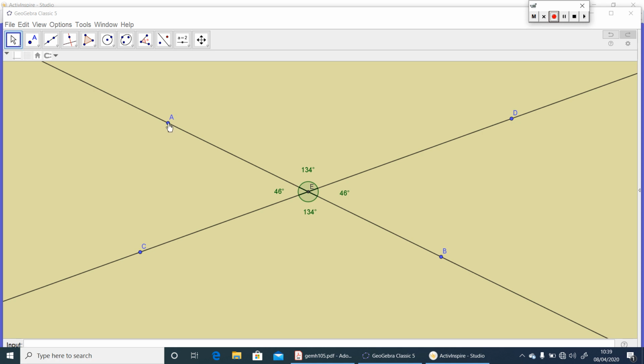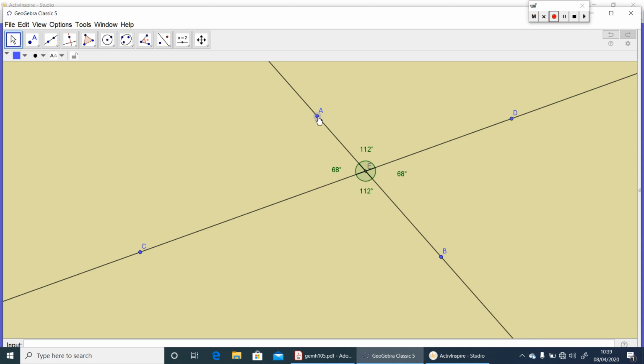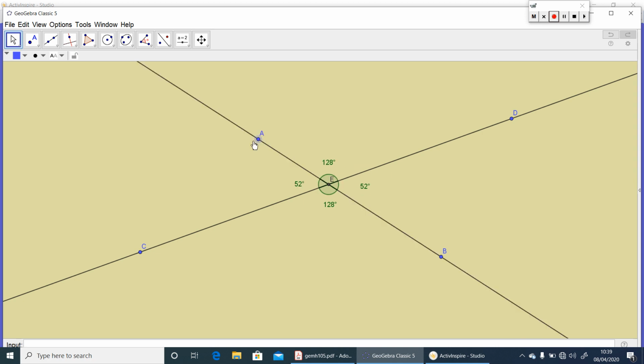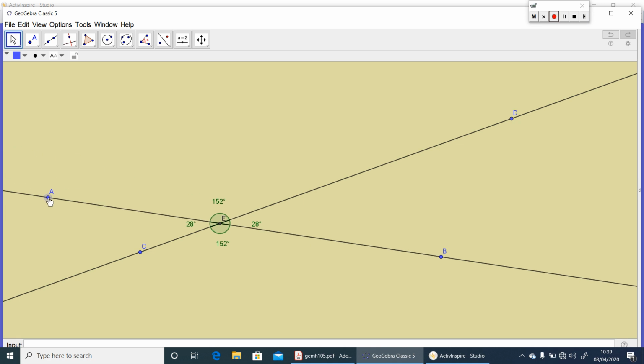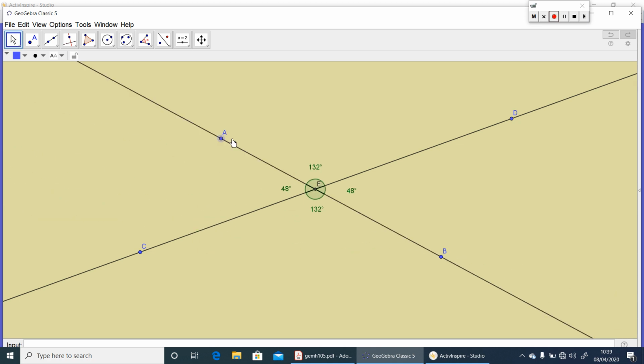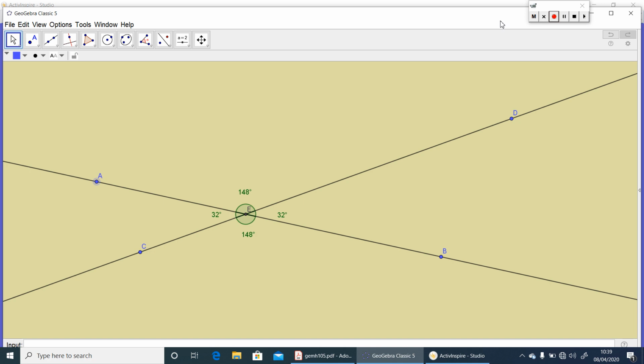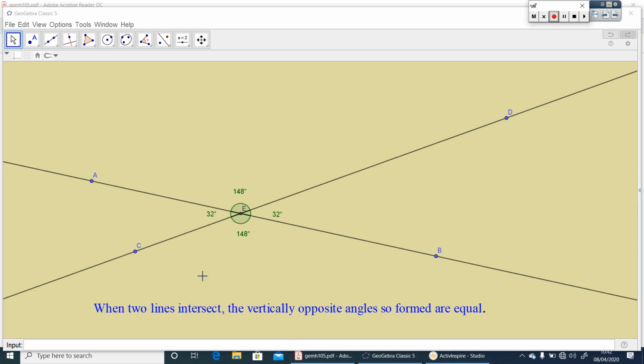Now if you change the angles, what will happen? In all the cases, the vertically opposite angles are equal. That is, when two lines intersect, the vertically opposite angles so formed are equal. That's all for today's class.